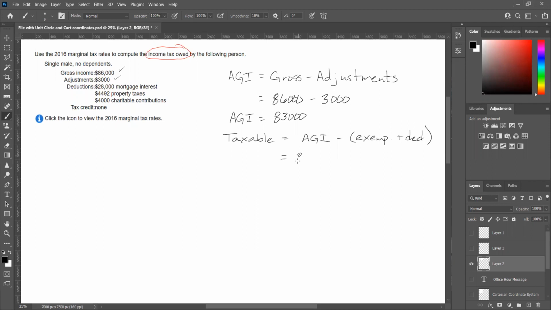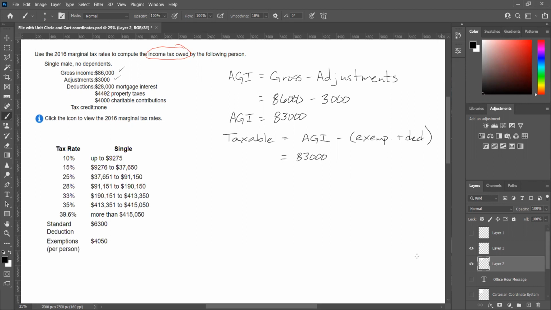Our AGI is 83,000. Now this individual is single, so I've brought up their tax table here, and we see the standard deduction is $6,300, and we see that the exemptions are $4,050 per person.